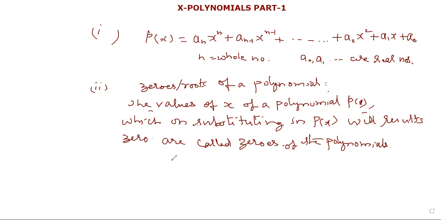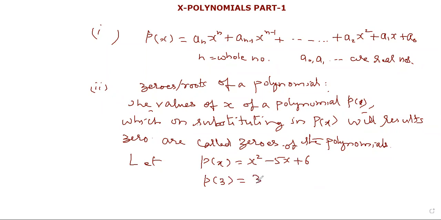So the difference is, for example, if we see the example, suppose p(x) is equal to x square minus 5x plus 6. Okay, suppose p(x) is a polynomial, this one. Now if we put 3 here, suppose we are checking which number will give the 0.